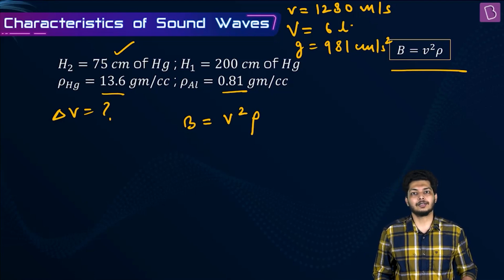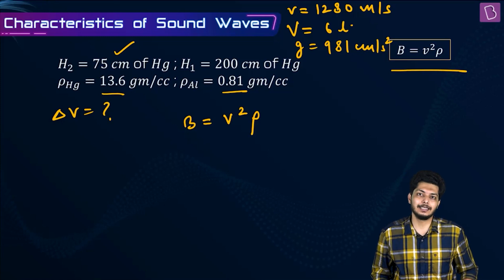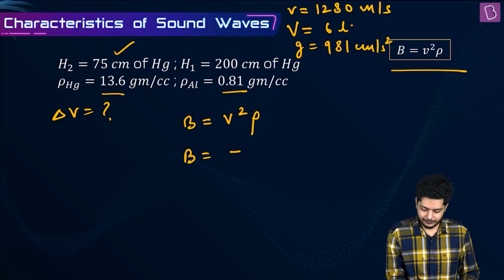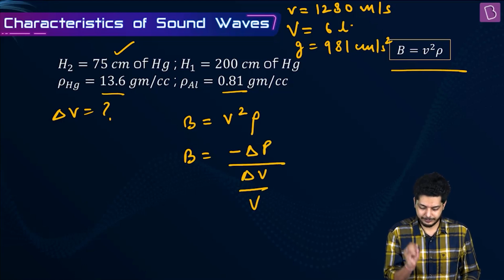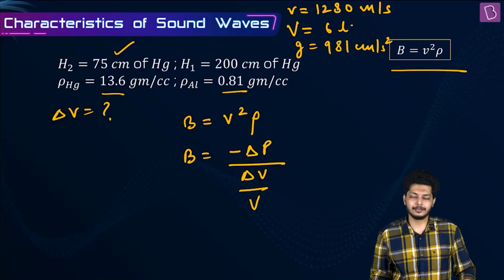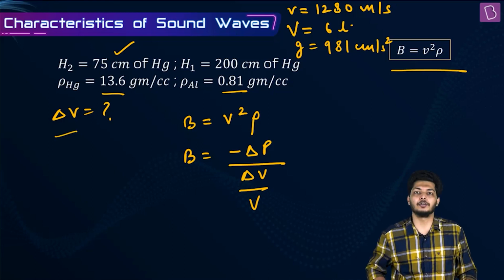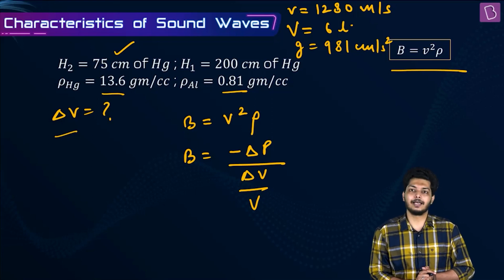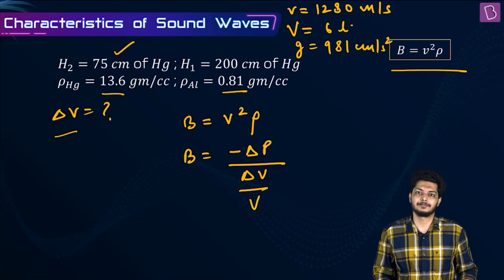What about its original formula, which we studied in fluids? B is equal to minus del P divided by del V by V. Why am I writing this formula? Because we have to find the change in volume. If you look at what has been given in the problem, you will figure out why we need it.